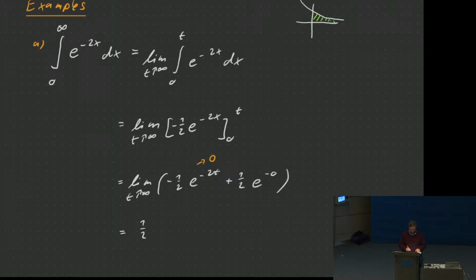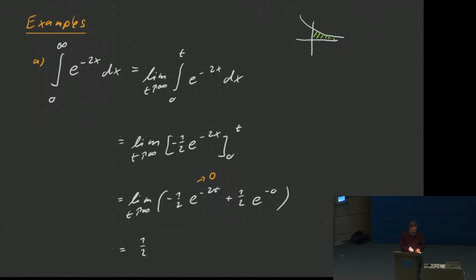Quick example. So here's that function e to the -2x. I want to integrate that from 0 to +infinity. So I want to know whether that surface area here is bounded. And I do that by just replacing that infinity by a t and then taking the limit as t goes to +infinity. I compute that integral as usual, right? I get that.